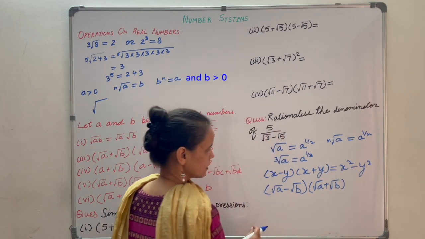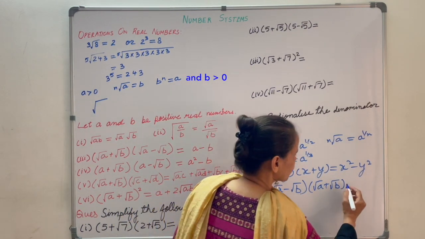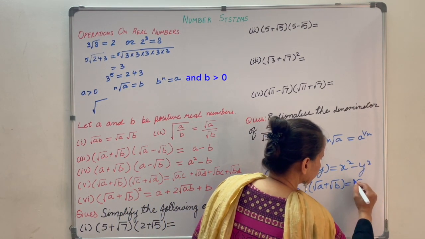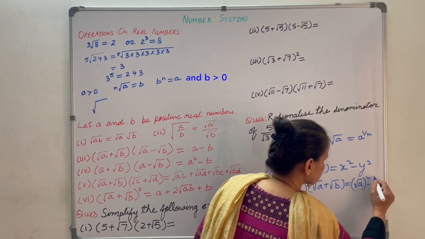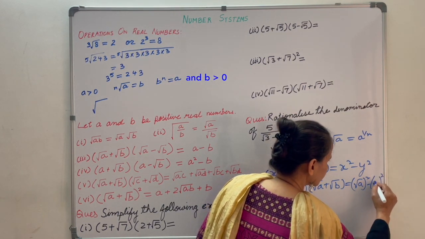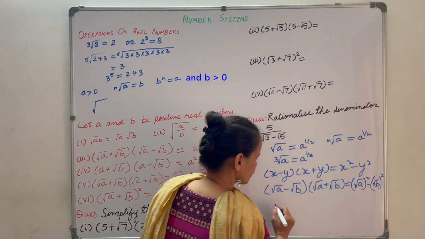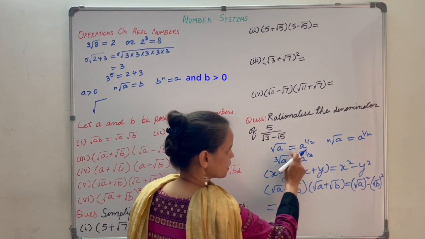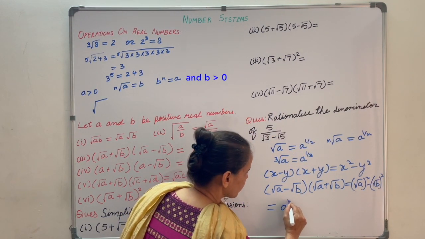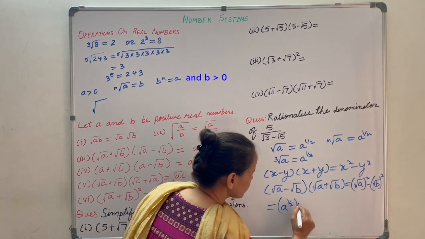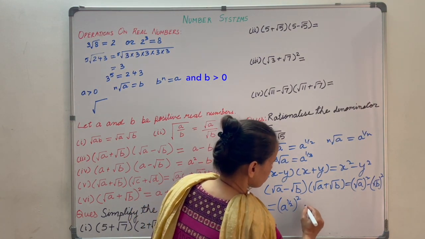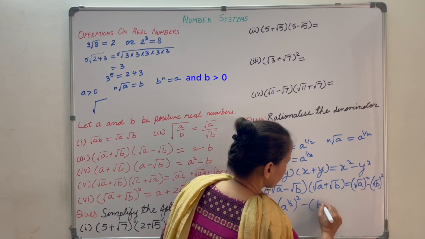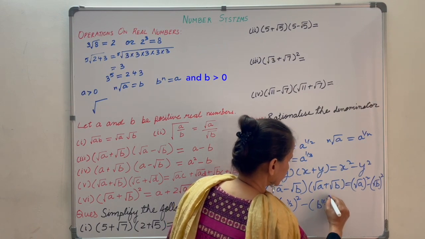So using this identity we have to take the square of square root of a minus square root of b. So I can rewrite this as using this one, a raised power 1 by 2 whole raised power 2 minus b raised power 1 by 2 whole raised power 2.